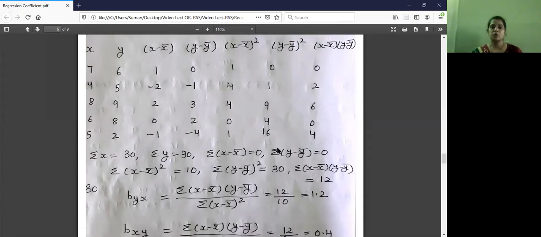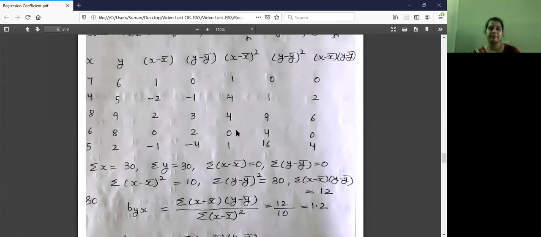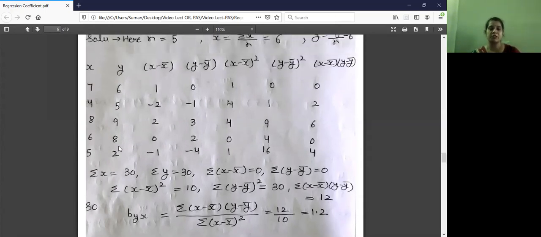Got it? So, sum of all these values, that means what? Summation x is equal to 30, summation y is equal to 30, summation x minus x bar 0, summation y minus y bar 0, summation x minus x bar whole square is equal to 10. 4 plus 1, 5, 4 plus 1, 5, 5 plus 5, 10.